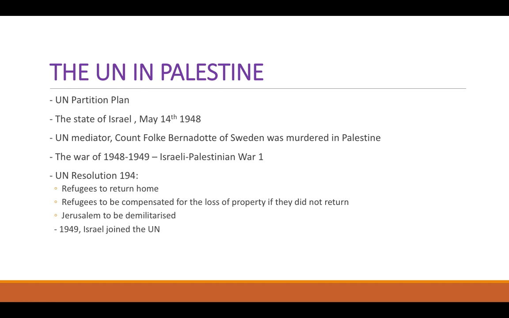A UN mediator is someone who is a third party trying to solve the problem between the first and second parties. Count Folke Bernadotte of Sweden was present in Palestine to try to solve the problem, but he was murdered in Palestine and things got worse. After that, things got out of the control of the United Nations and the war started.